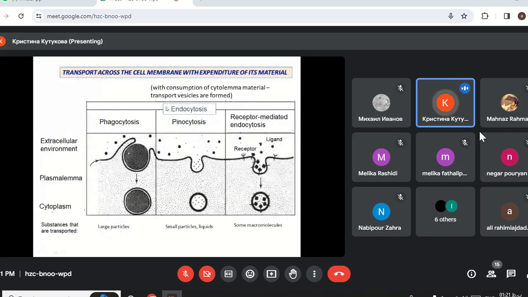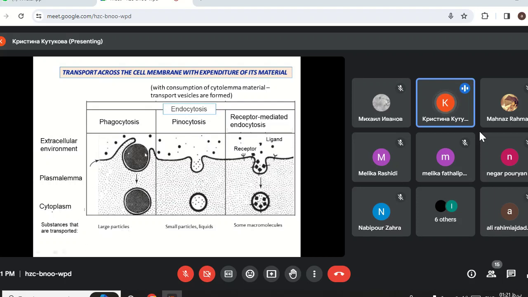So, endocytosis, three ways: phagocytosis, pinocytosis, and receptor-mediated endocytosis. Phagocytosis is for eating large particles. So, example of such process is the function of macrophage. Macrophages can eat large particles like amoeba cells can eat the particles of food.